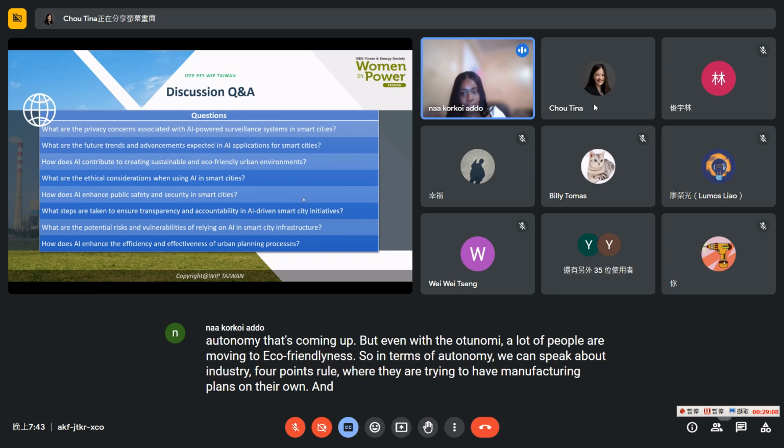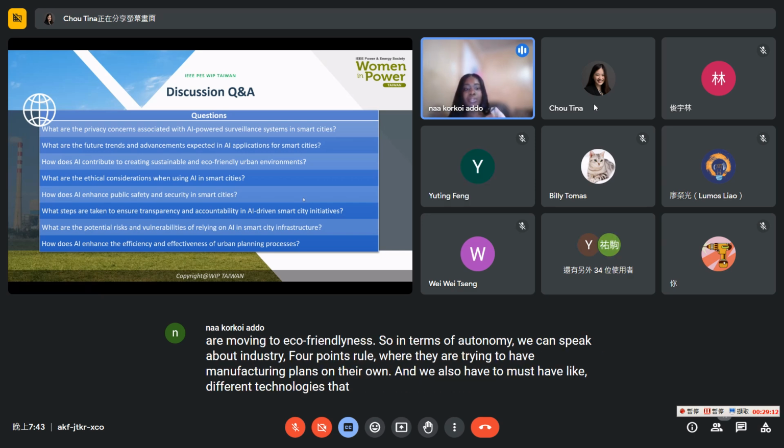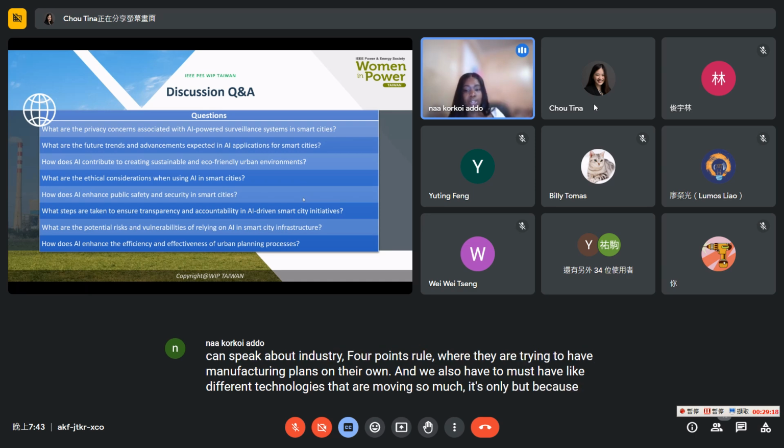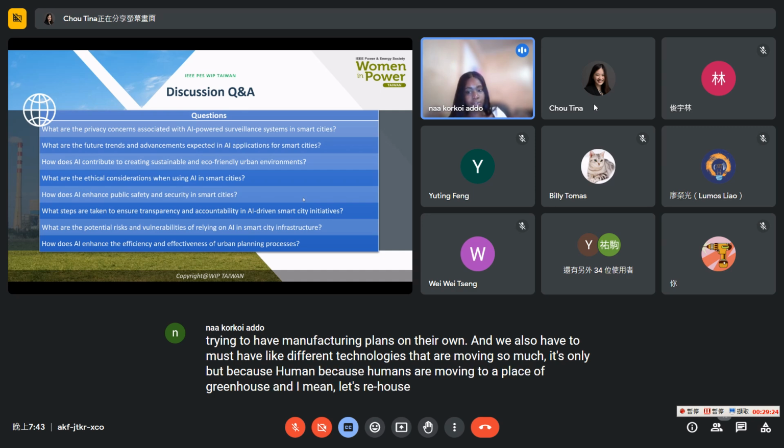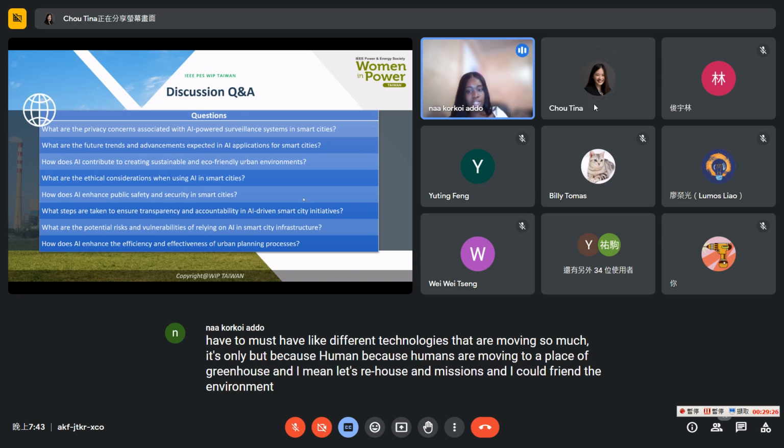We also have autonomous cars, and different technologies that are providing so much autonomy. But because humans are moving to a place of less greenhouse emissions and an eco-friendly environment, AI technologies are moving there.